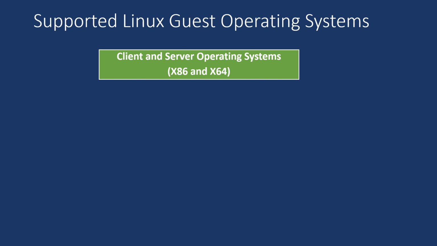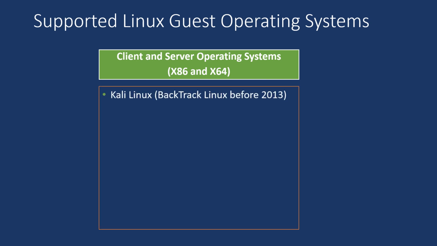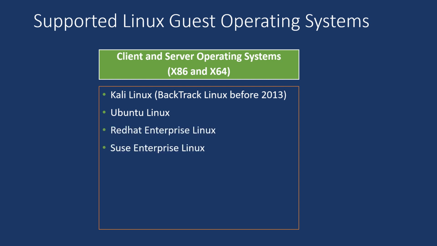So here we have Linux operating systems. You can install them in your virtual machines which run on top of Hyper-V. Most of the Linux distributions, you can install in the virtual machines.